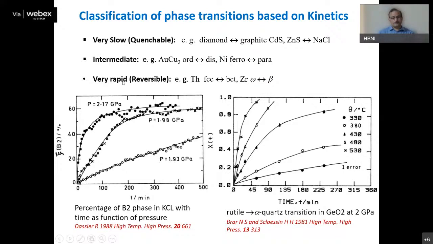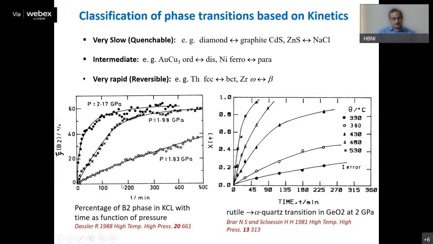Actually, these classifications are quite relative and subjective because one can tune the quenchability or the kinetics of this phase transition by temperature as well as the external field like pressure. For example, here I have shown you the transition in KCl to the B2 phase.